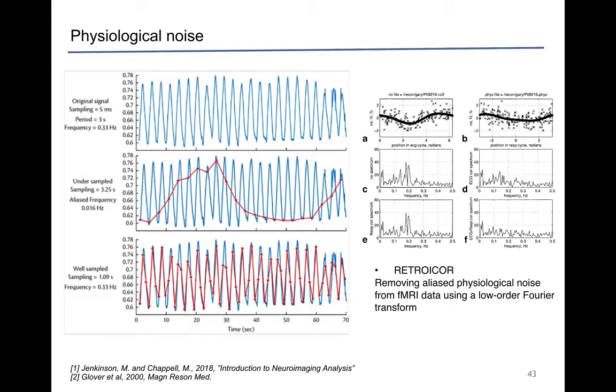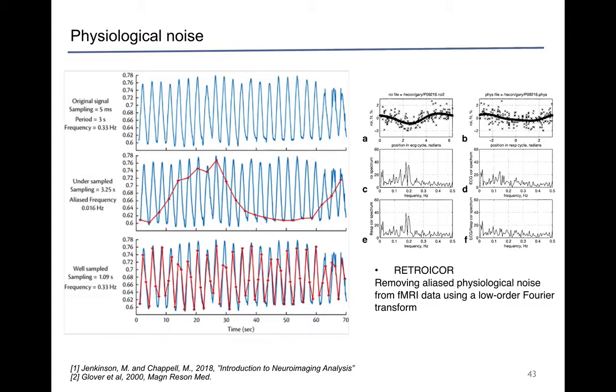With the advancements in imaging sequences and the use of multi-band sequences, aliasing in the fMRI data may go away soon, in the near future. But it was more severe when the TR was much longer.